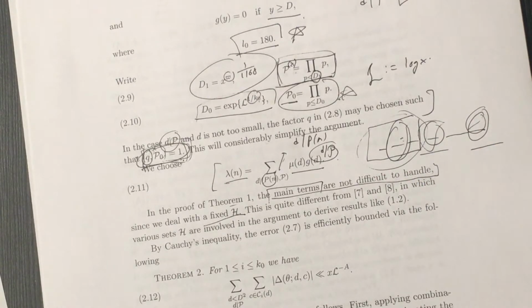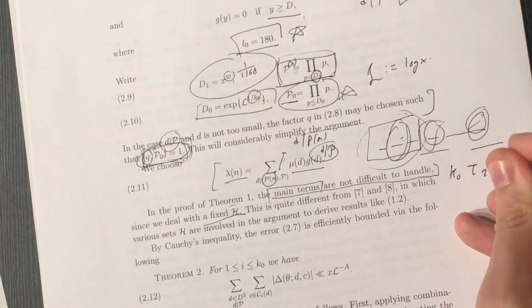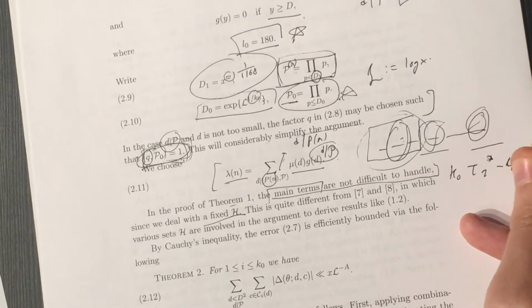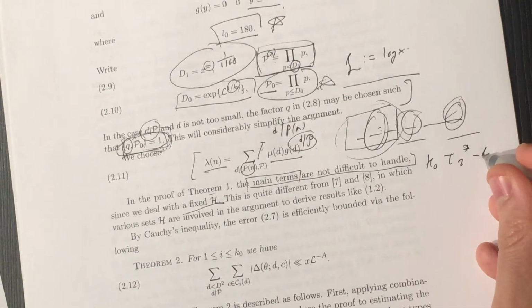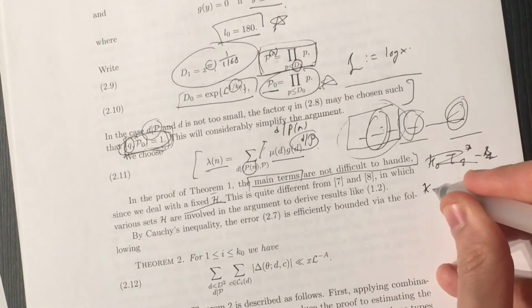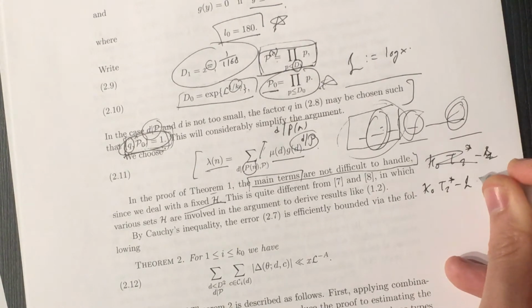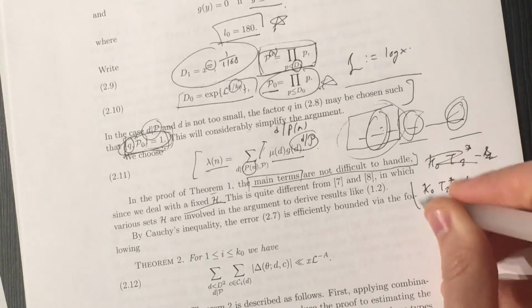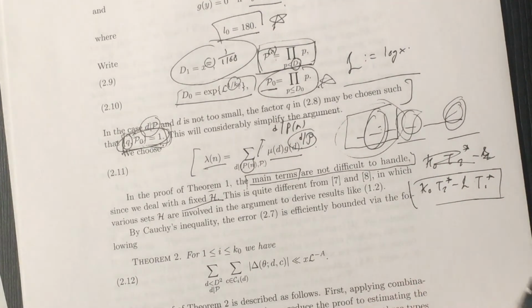I should actually remember what that is. It's k naught t2 star minus l, where l is again log x. T2 minus, handwriting's horrible, k0 t2 star minus log x t1 star. This is the term he wants to bound, and apparently he's not going to have too much of an issue doing that.